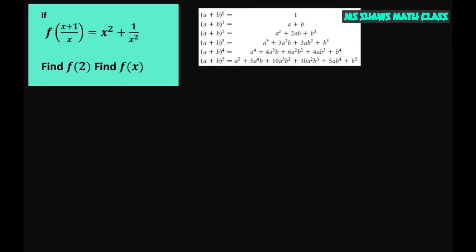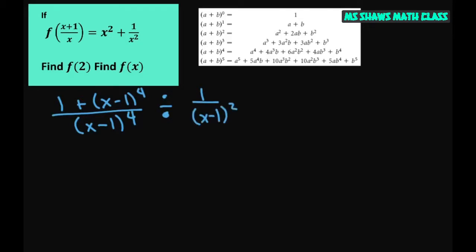Now, let's go to the next one. So from there, we had 1 plus x minus 1 to the fourth divided by x minus 1 to the fourth, and we had divided by 1 divided by x minus 1 squared. So instead of doing that, remember in our fractions, we're going to keep, change, and flip.